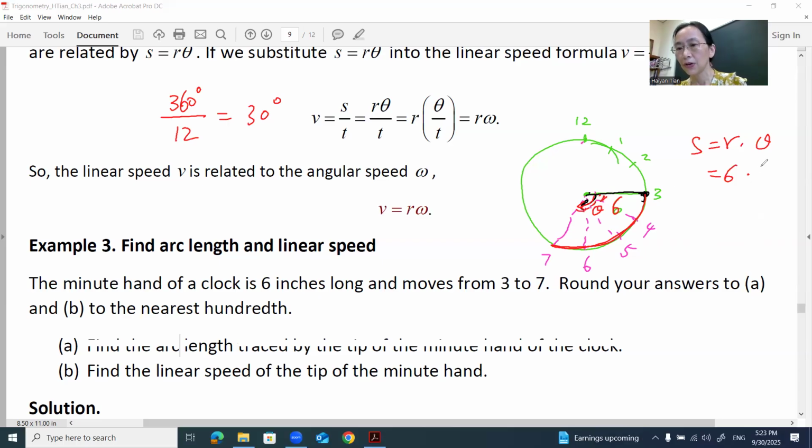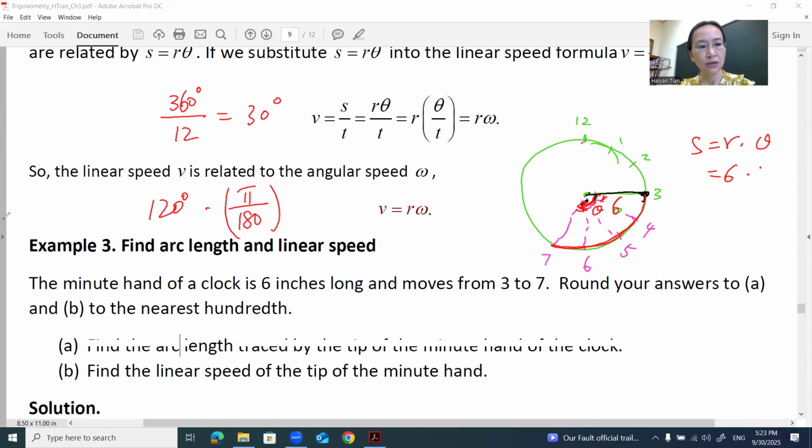So we have four of the 30 degrees. So it's actually 120 degrees. So this angle traced is 120. But we don't want to use the 120 degree measure. We want to use the radian measure. Remember, for radian measure, you have to divide by 180 and multiply by pi. This is how we convert it into radian measure.